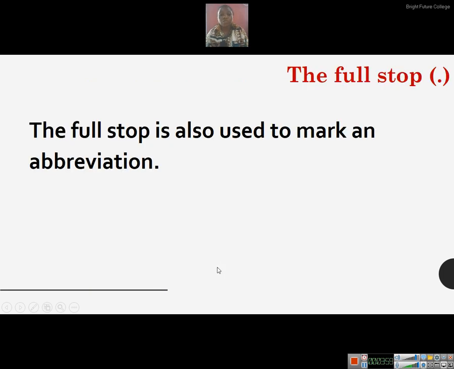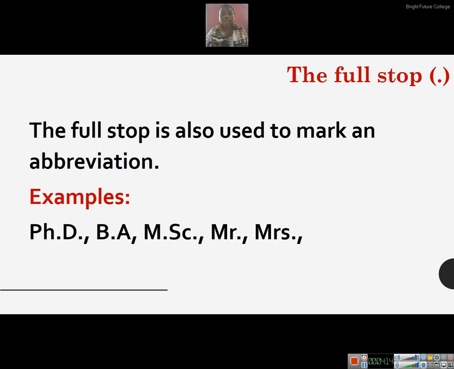The full stop is also used to mark an abbreviation. An abbreviation is when you just pick the first letters of some words and then you put it together to mean the whole word. That is an abbreviation. So a full stop is used to mark an abbreviation. Example, I have PhD.